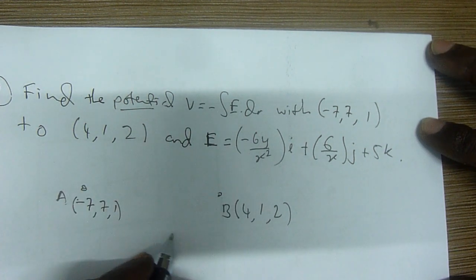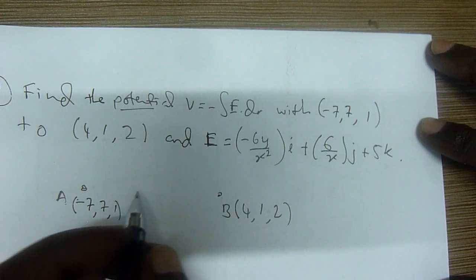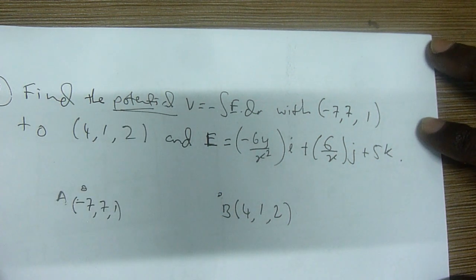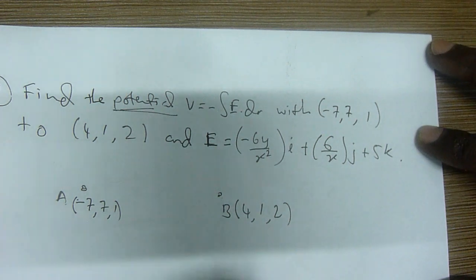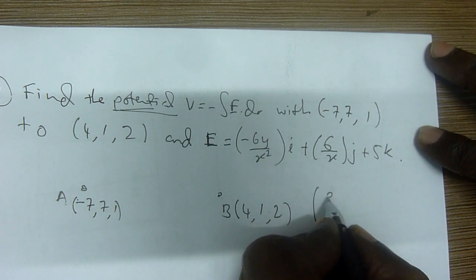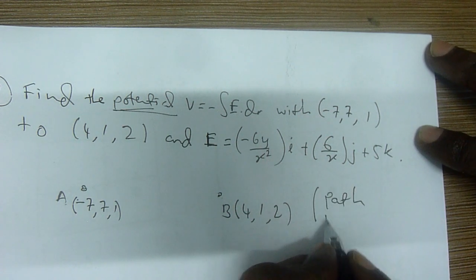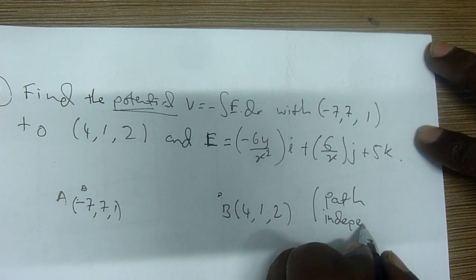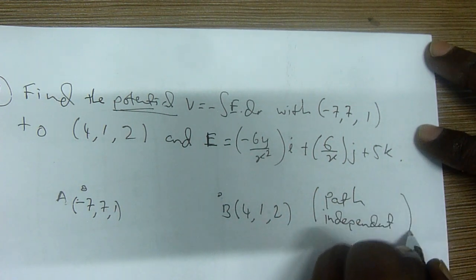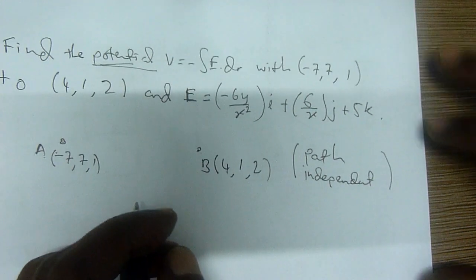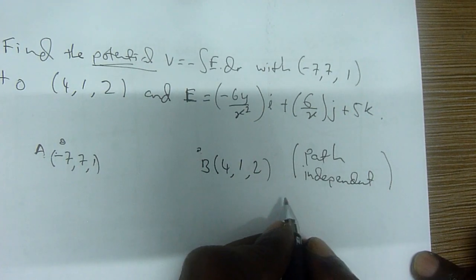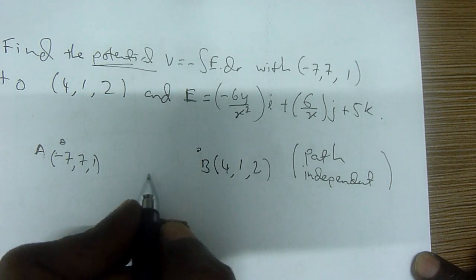But there is one way to identify the problem. This is related to the potential. When I say potential, can I assume this is a path independent problem? No. Let us try and verify whether this is a path independent problem.